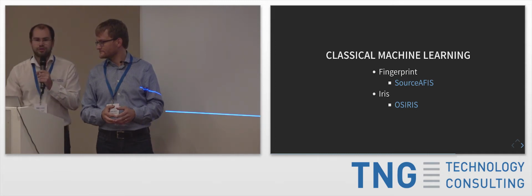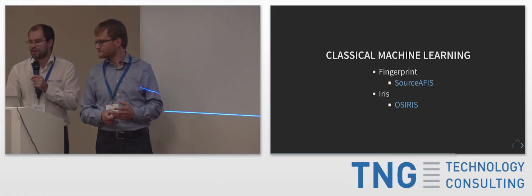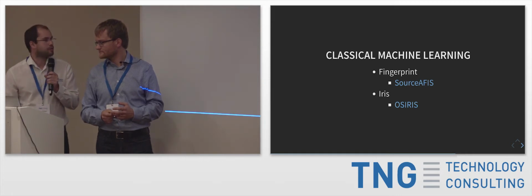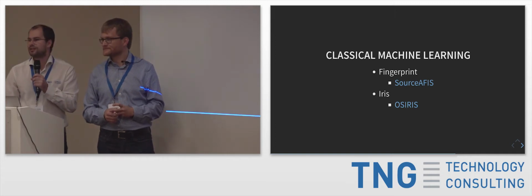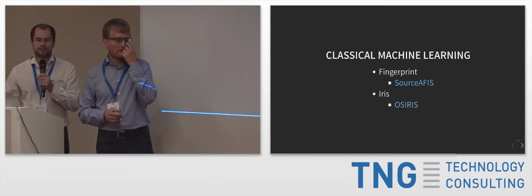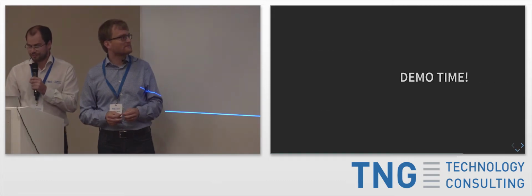But for the iris part, you can really use the Osiris package, which provides you with pretty good results. Maybe you should Dockerize it because it's written in C and C++, and you need to compile it, and somehow you need to isolate it in an environment where you can rebuild it.